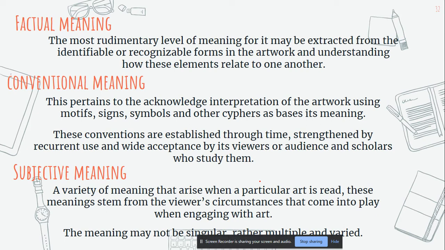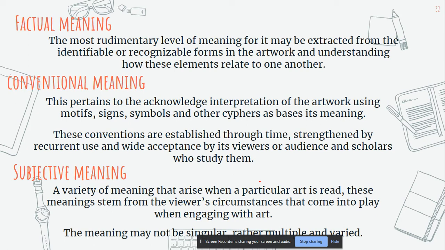This pertains to the acknowledged interpretation of the artwork using motifs, signs, symbols, and other ciphers as bases of its meaning. And then we have this. These conventions are established through time, strengthened by recurrent use and wide acceptance by its viewers or audience and scholars who study them.